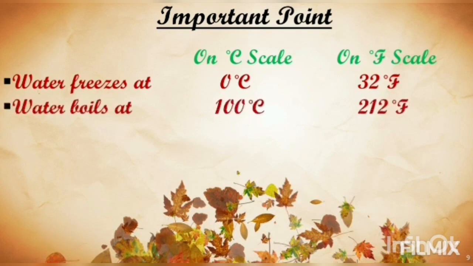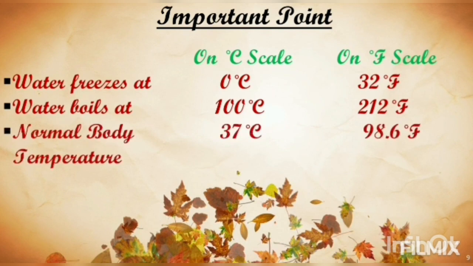Similarly, water boils at 100 degrees Celsius or 212 degrees Fahrenheit. Now, let's have a look at the normal body temperature of a human adult: 37 degrees Celsius or 98 degrees Fahrenheit. Please note it's never 98 degrees only, it's 98.6 degrees Fahrenheit.